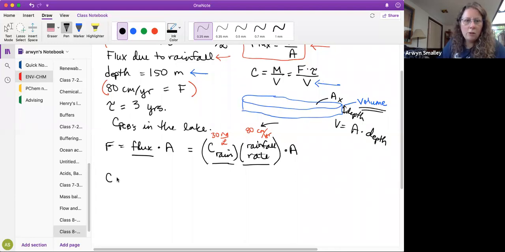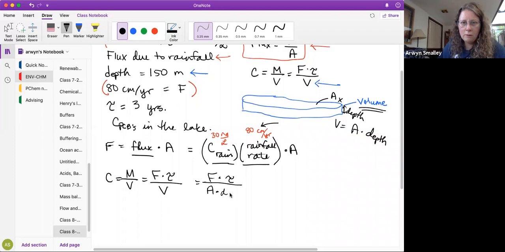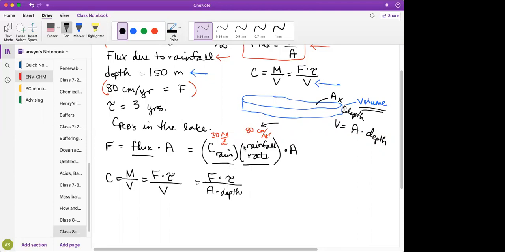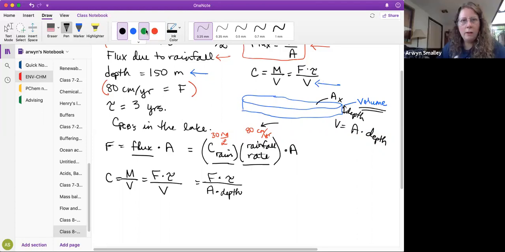So our concentration, which is what we really want, is this stuff over the volume, or the flow times the residence time over the volume, or really the flow times the residence time over the surface area times the depth. Okay? Is everybody buying this volume thing? Okay. Yes. All right.